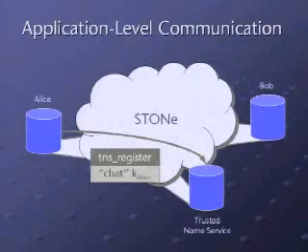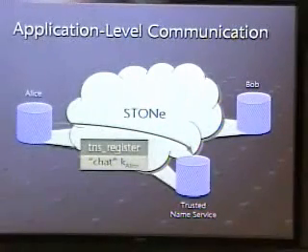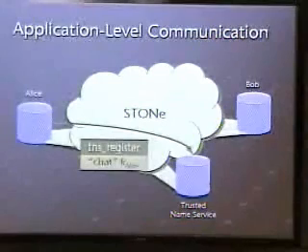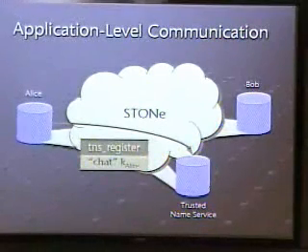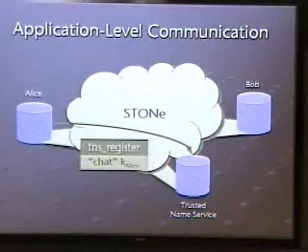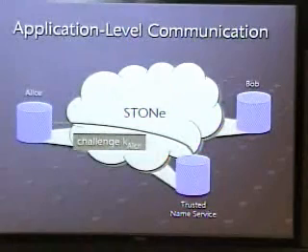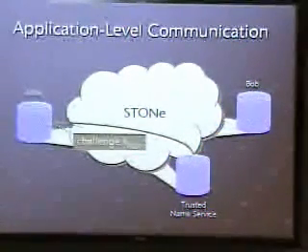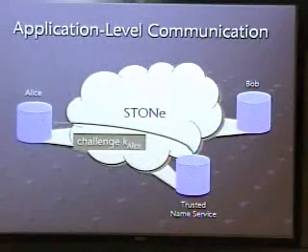Just to explain the scenario of these trusted name services, say Alice wants to publish her identity, or basically create some kind of a certificate for Bob. So she registers with a trusted name service, and she says registering chat with the key of Alice, the public key of Alice. Then the trusted name service challenges Alice with this public key.